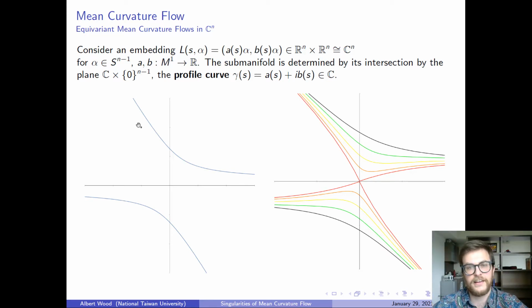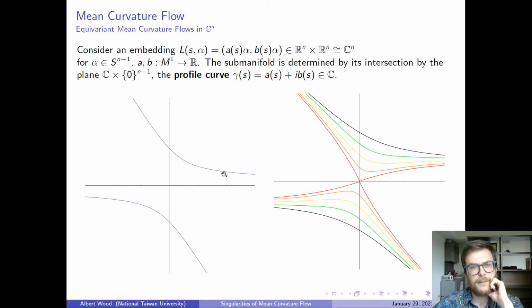If we consider this C to be the C times 0^(n-1), the first C factor in C^n, then we can recover this entire manifold by rotating this thing around C using the action of SO(n) on R^n times R^n, where it acts individually on each of the factors.